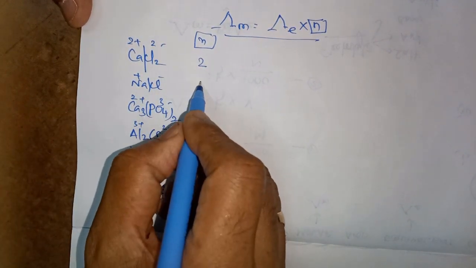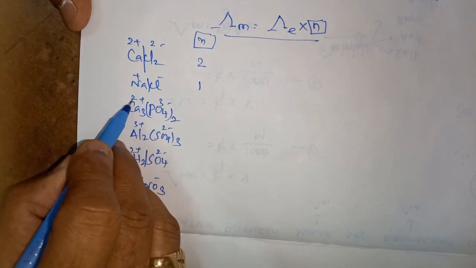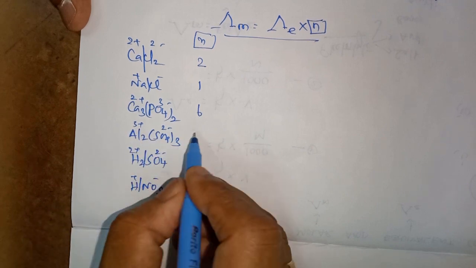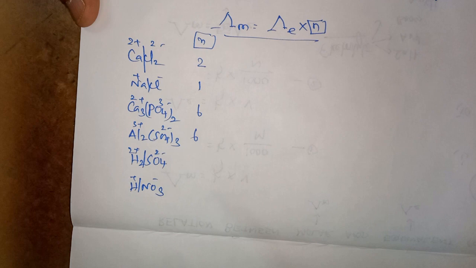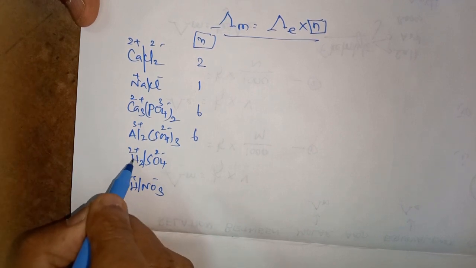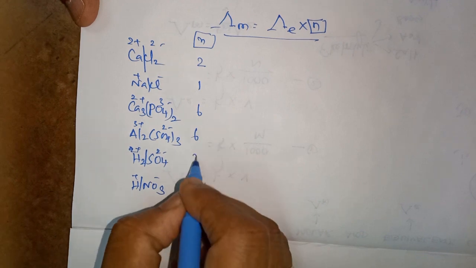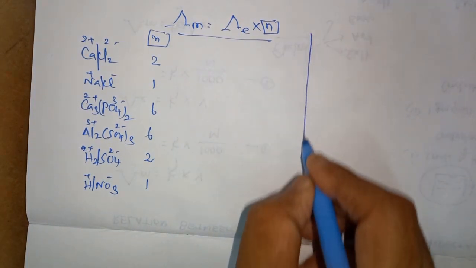Here the total is 1. Here the total is 3 into 2, 6, or 3 into 2, 6. Here how many positive charges? Each H carries 1 plus, so 2 H plus is 2 plus, and 2 plus 2 minus, so 2. Here 1.